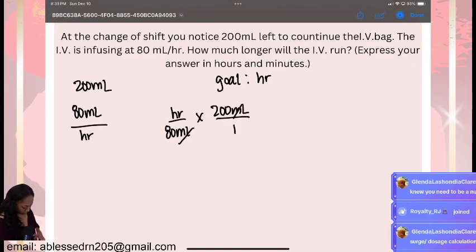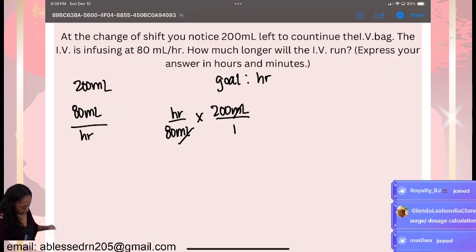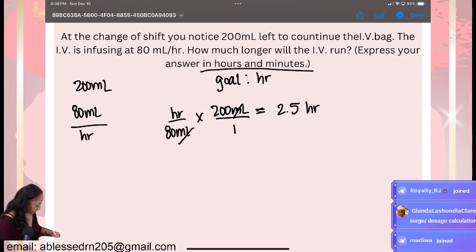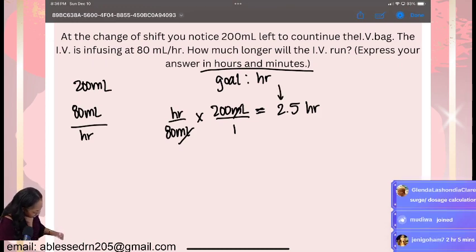That's gone. 200 divided by 80 is going to be 2.5 hours. So we need to express it in hours and minutes. This side is hours. This side is going to be minutes. In order to find out how many minutes, you take everything behind the decimal and you multiply it by 60.